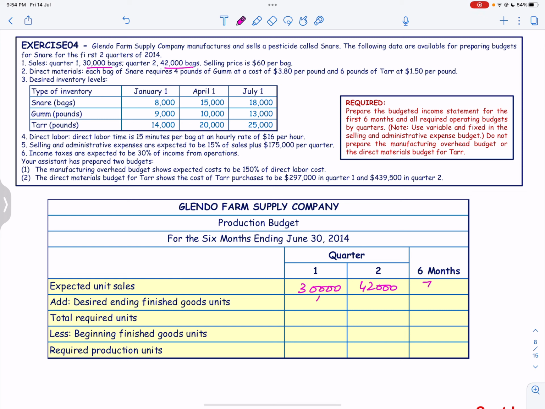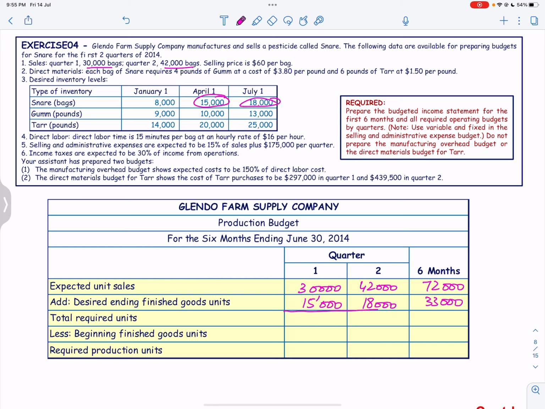The total is 72,000. To this we add the ending finished goods, and the ending finished goods for the first quarter will be 15,000, and for the second quarter it will be 18,000. That is equal to 33,000.